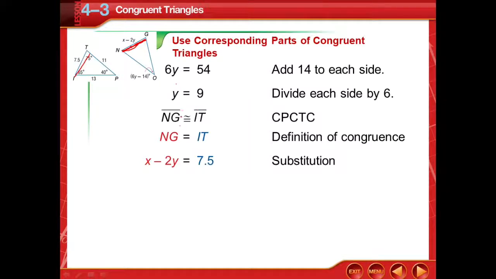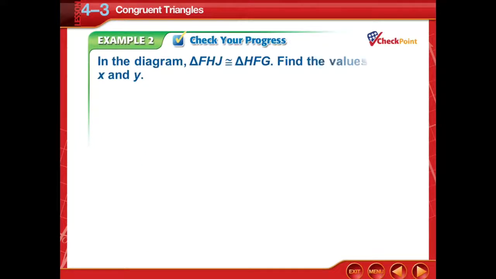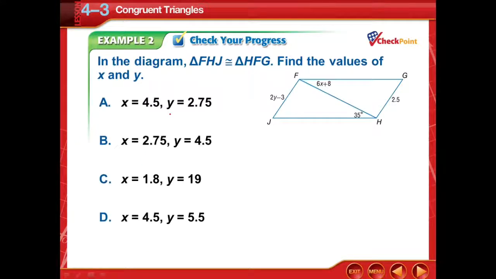I just found that y is equal to 9, so I substitute. I'm now going to add 18 to both sides, and I get that x is equal to 25.5. And even though 25.5 has a decimal, that is my correct answer because decimals happen. Now it is your turn to find x and y.